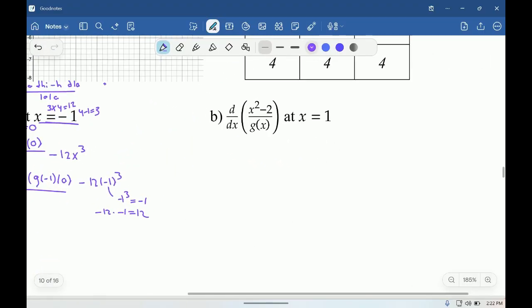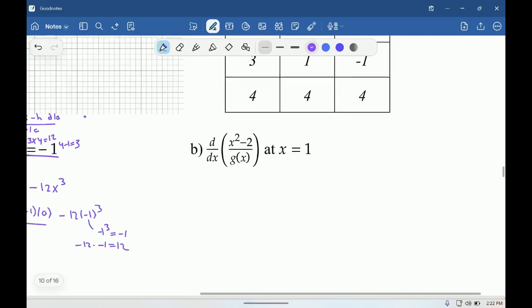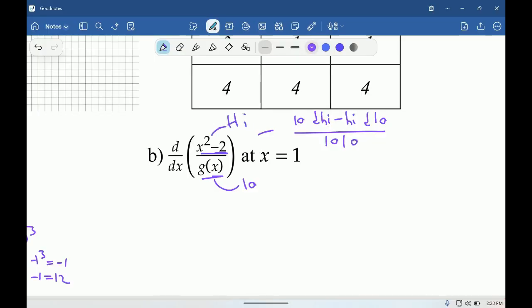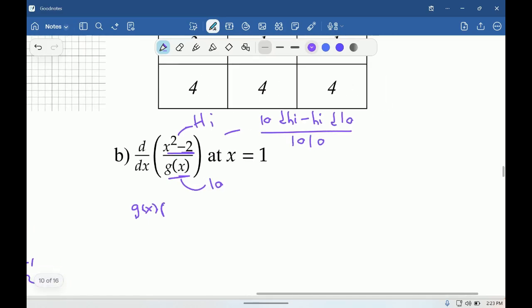Now for our next problem, we're also being asked to find the derivative, and we're going to need to use our quotient rule again, which was low d high minus high d low over low low. This is going to be low, and this is going to be high. So we're going to want to plug that in. We're going to put g of x, and then we're going to want to do our high d low.